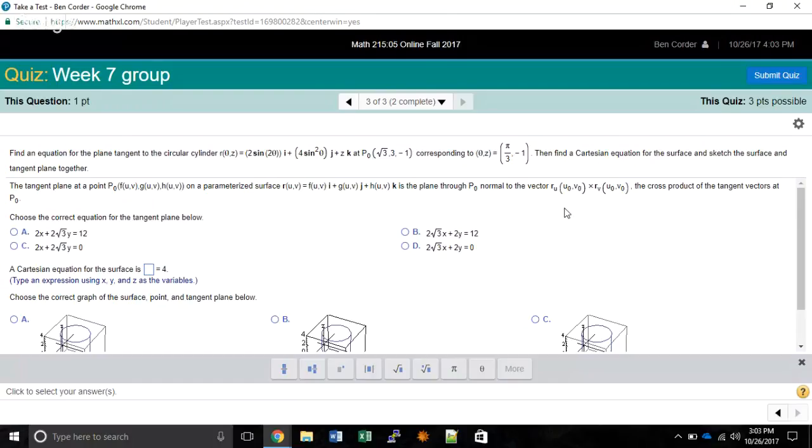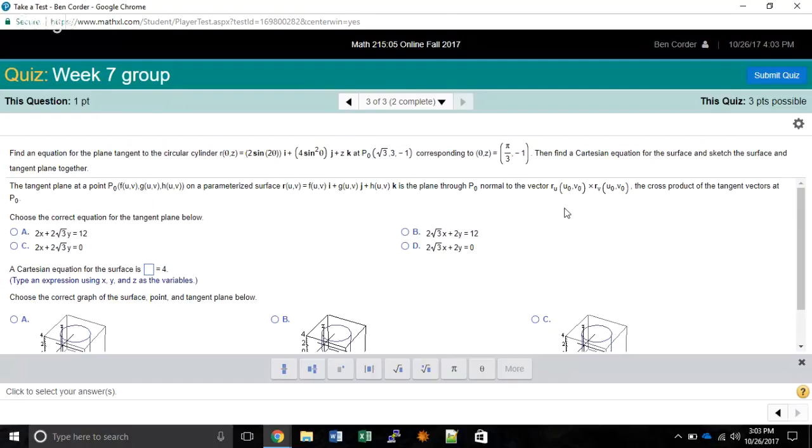Any luck? I have a negative sign I shouldn't have otherwise. Oh, me too. Actually, I had 2 negative signs. I only have 1. But that's still 1 more than I need. Darn it. You have a 2 and a 2. I have a 2 and a 2 root 3. I don't have a 12. I don't have a 12 at all either, which is making me think it's maybe B.